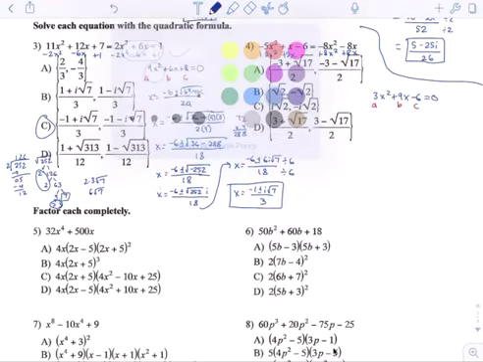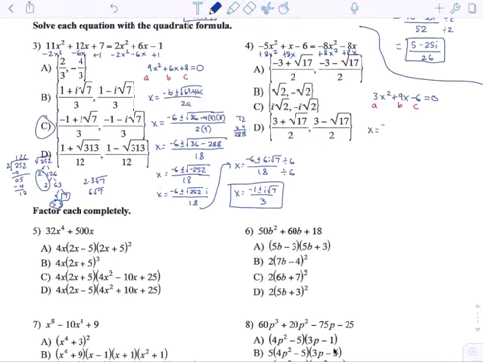So now, quadratic formula time. x equals negative b plus or minus the square root of b squared minus 4ac all over 2a.